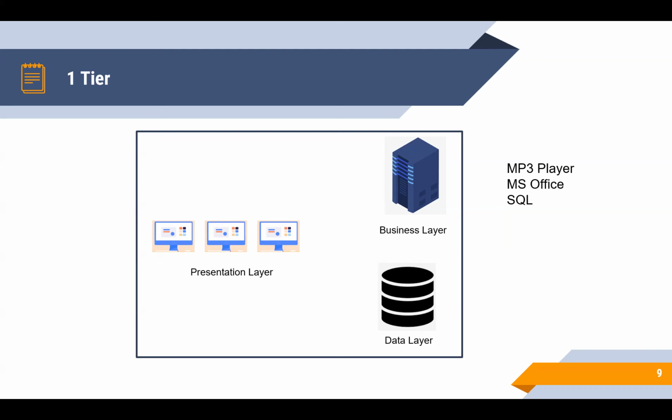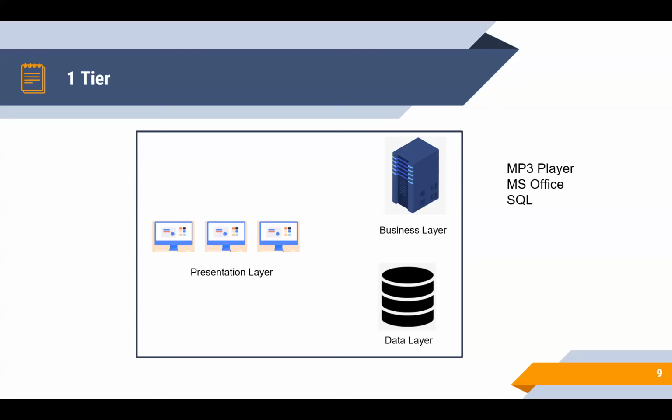We cannot scale all these things very frequently. Means if I want to put some new business logic in the business layer, then if I have developed something, I ask everyone to uninstall the application and install the application, then only it will reflect.